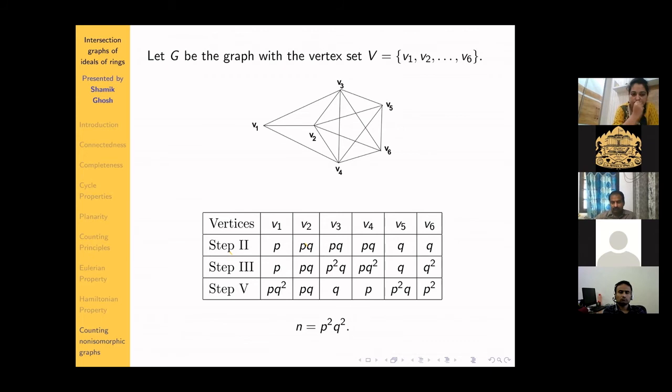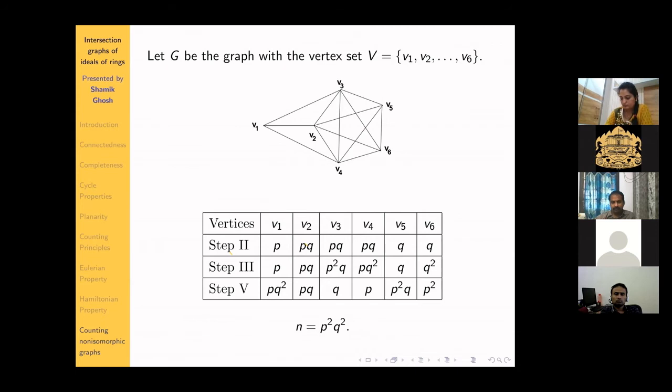So from this you can also understand that if you think that, considering the graphs of Zn only, the intersection graphs of ideals is not so wide, this particular result says that actually the graphs of Zn are a very broad and wide class of graphs for the intersection graphs of ideals of rings, because it gives you every simple undirected graph in a subgraph representation of these intersection graphs of ideals of Zn.